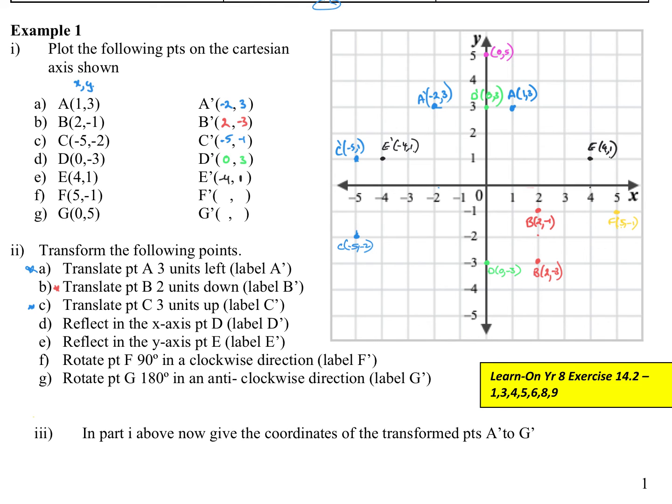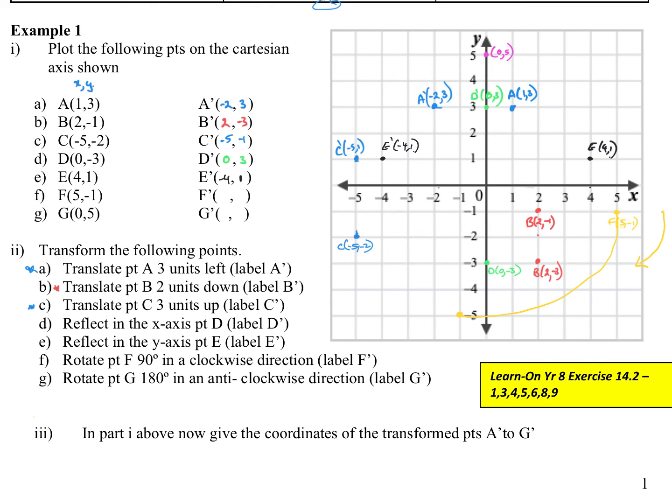All right, last two. So now I'm at F, which is yellow. Rotate the point F 90 degrees in a clockwise direction. So clockwise direction is this way. Okay, so really, I want to swing this point around to here.